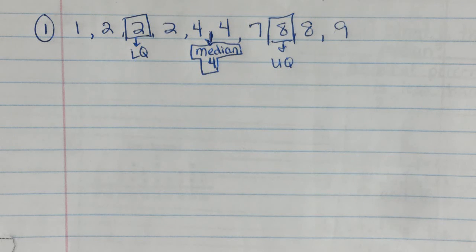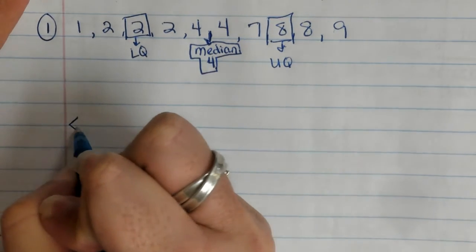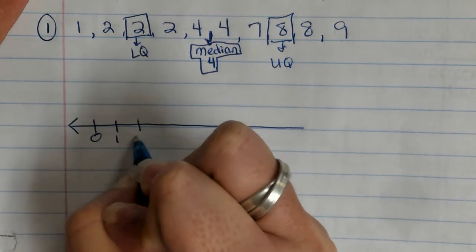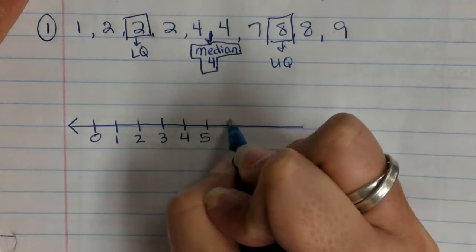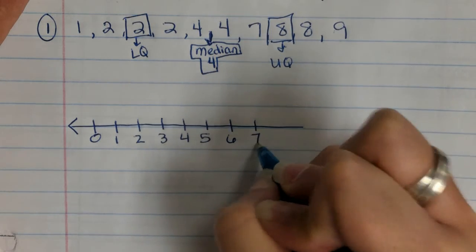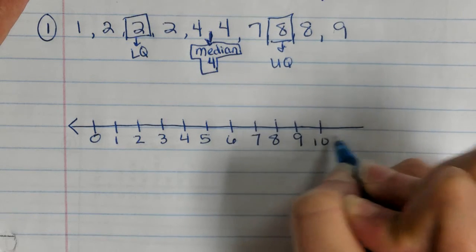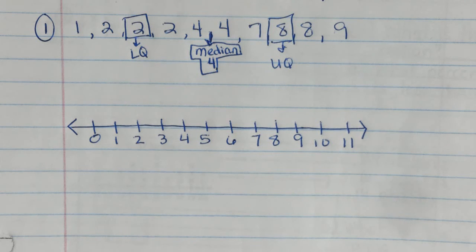Hint, hint: try to start your number line 1 or 2 below it and go 1 or 2 above it. So if it starts at 1, I would at least start it at 0. And I'm just going up, just like the number line on my wall. How far up do I have to go? At least 9. I kind of wish you'd go to 10, just to show me that you know what numbers are, starting and stopping this thing. This is why I like notebook paper, because I can see it.